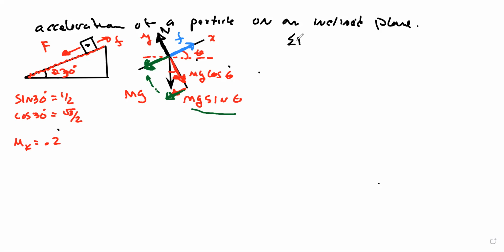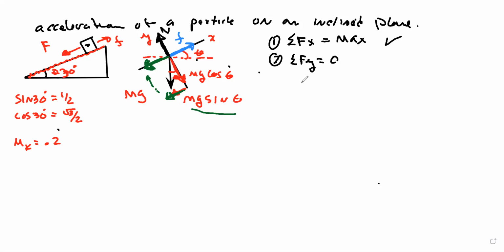So the summation of the forces in the x direction has to be equal to the mass times acceleration in the x direction. That's equation 1. Equation 2, the summation of the forces in the y direction is going to be equal to 0 because nobody's moving in the y direction. All the motion is on the x direction. So let's solve the first equation.